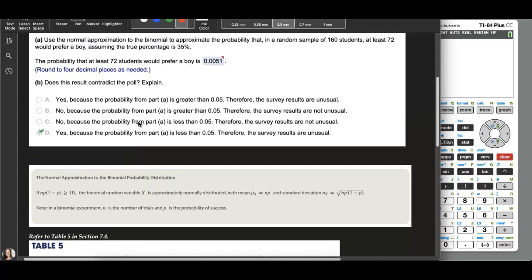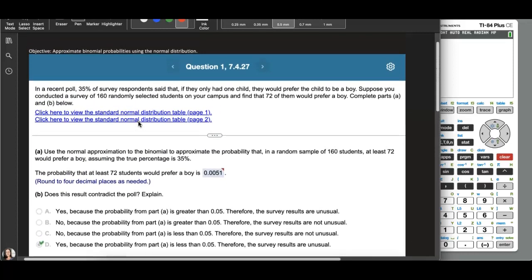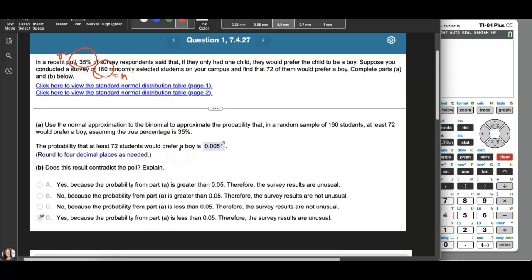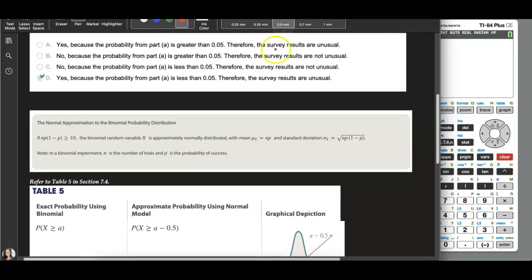Okay, so let's go back up and grab the number of trials, which is right here, n, and the probability of success, which is right here, but written as a percent, 0.35 is what we'll use. Okay, so let me rewrite that here.